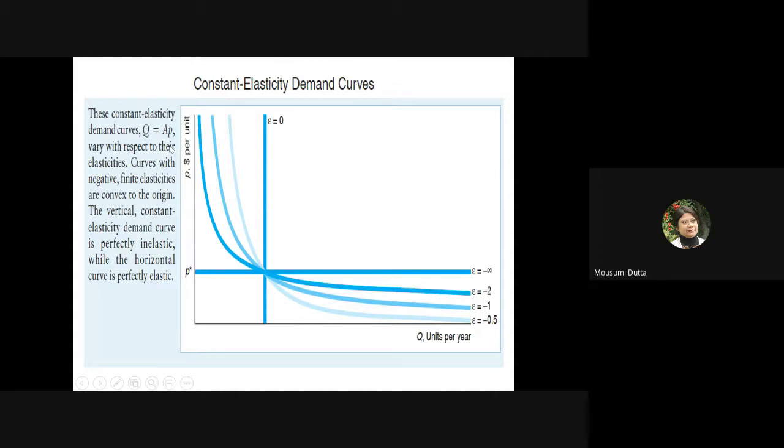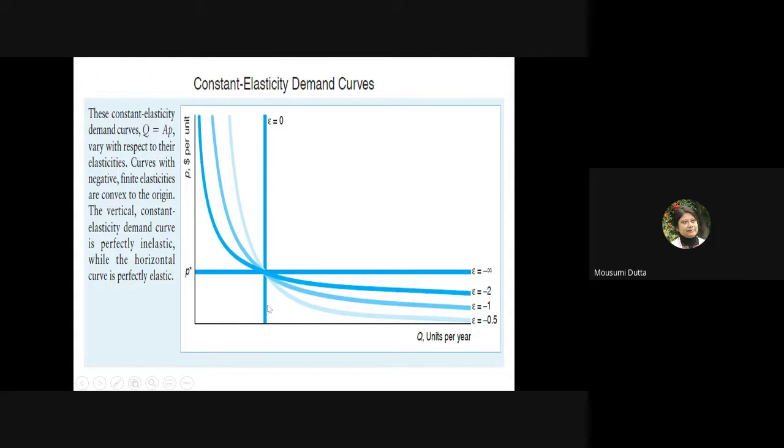Instead of capital A, please write down B. These constant elasticity demand curves, Q is equal to AP, vary with respect to their elasticities. Curves with negative finite elasticities are convex to the origin. The vertical constant elasticity demand curve is perfectly inelastic. This is the extreme, and the horizontal demand curve is perfectly elastic.